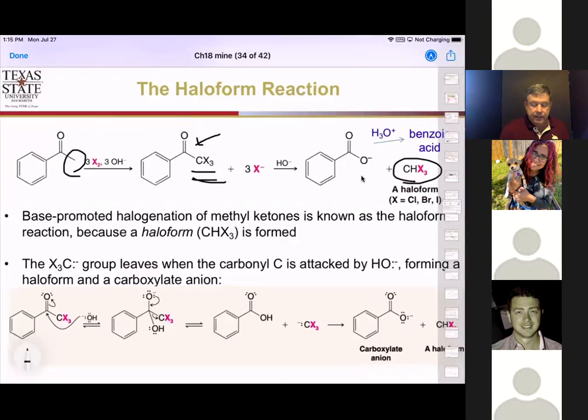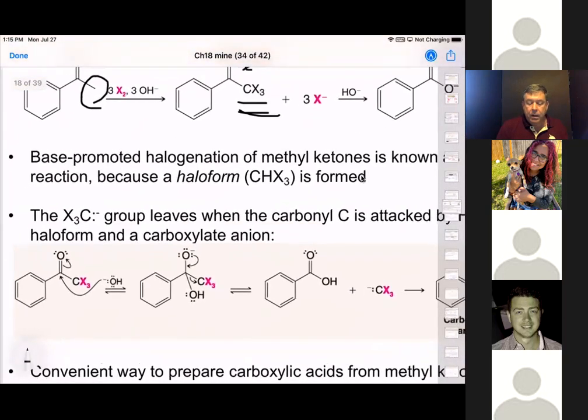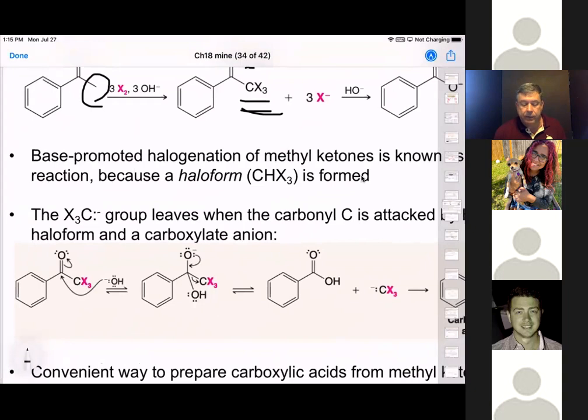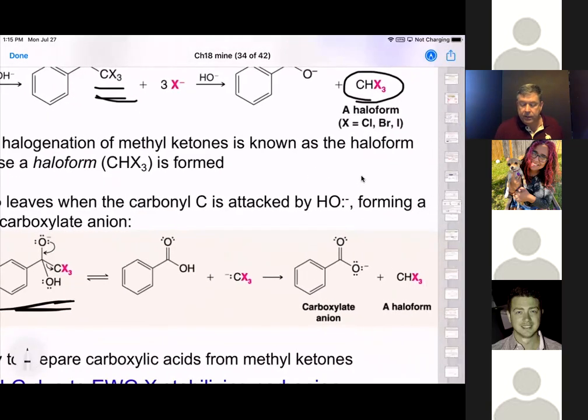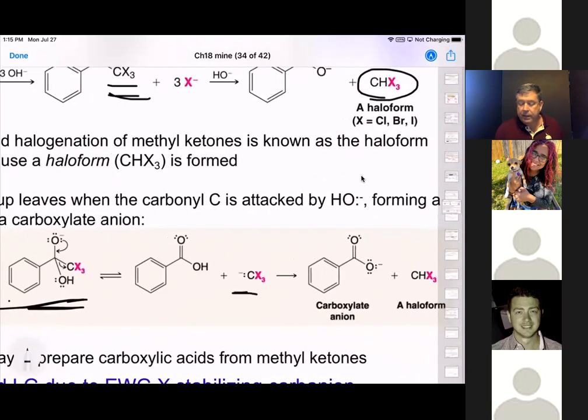And then just like any other nucleophile coming in here, once we get to our tetrahedral intermediate, we need to find the best leaving group. The best leaving group is usually the weakest base. In this case, when we protonate our species here, we get a much weaker acid and a much weaker base from our products.